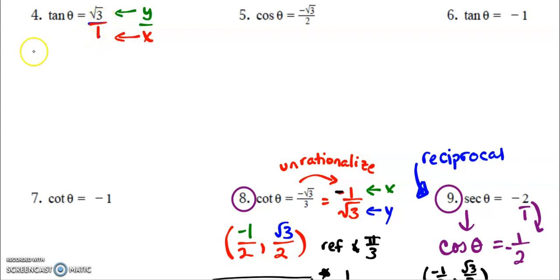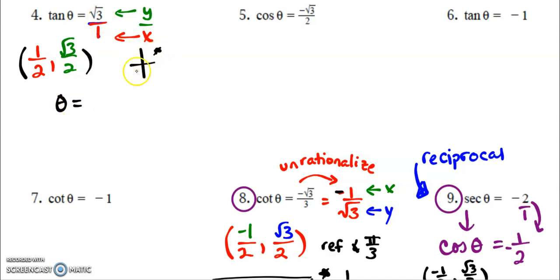The x value again is 1/2, and the y value is root 3 over 2. Aw, shucks. Same exact reference. So this is going to land in the first and the third quadrant. So I want pi over 3 and 4 pi over 3.